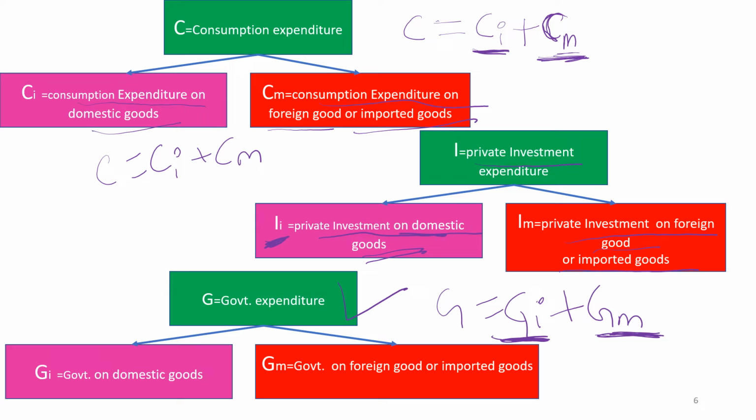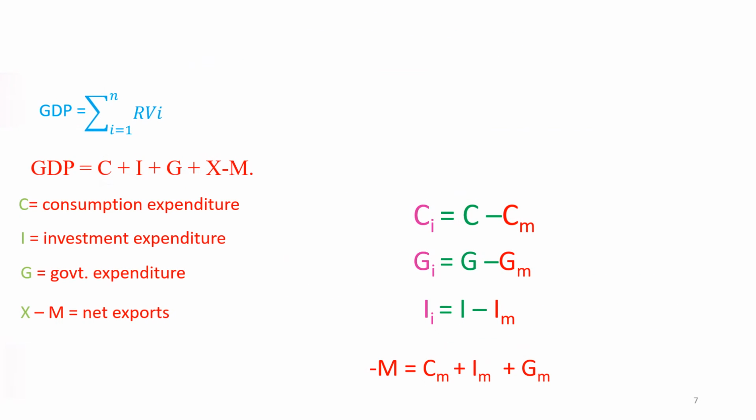Now let us discuss. We have to derive the equation GDP is equal to C plus I plus G plus X minus M. How did we get this? There is an equation GDP is equal to sigma i equal to 1 to N RVi. You know RVi is nothing but the revenue received by the i-th firm. In an economy there may be N number of firms.